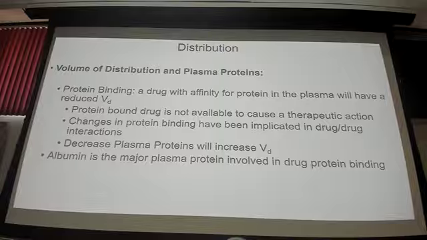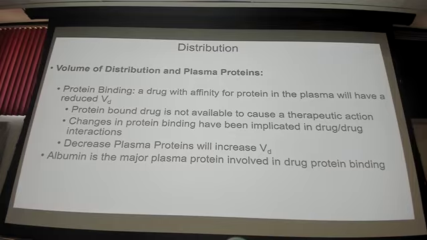Now, when you have patients that have liver and kidney disease, that's going to affect their ability to make plasma proteins. So that also will affect your drug dosing, because, for example, there are some drugs that are highly protein bound, but they have a low therapeutic window.